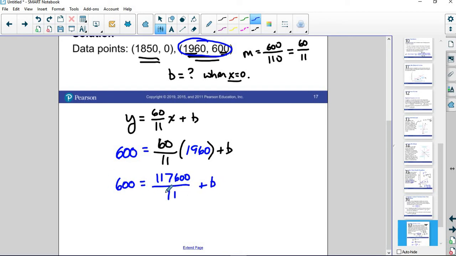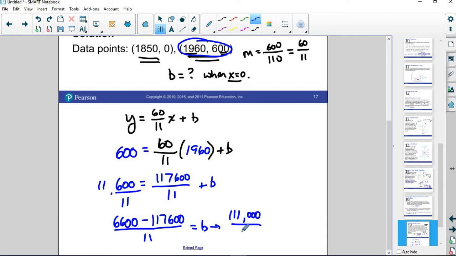So if I subtract that to the other side, I need to get 60 over 11, so I need to multiply the top and the bottom by 11, and that gives me 6,600 minus 117,600 all over 11 equals b. And so b is equal to 1,011 over 11 with a negative in front.